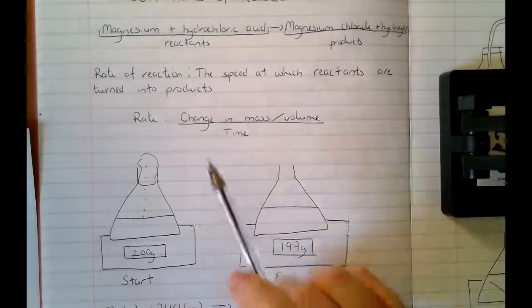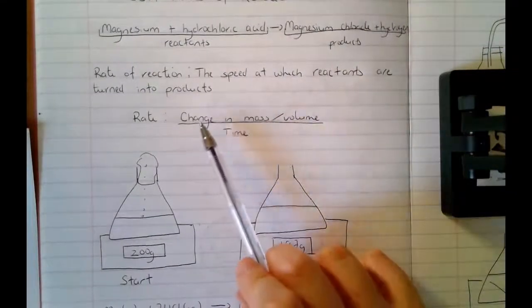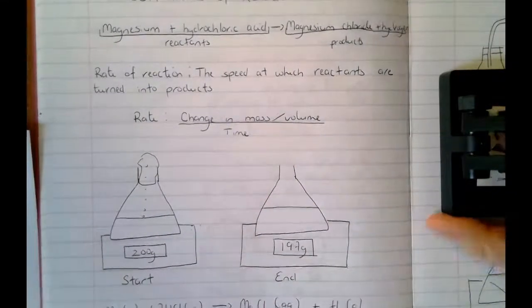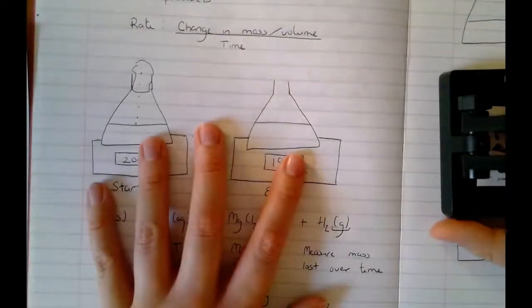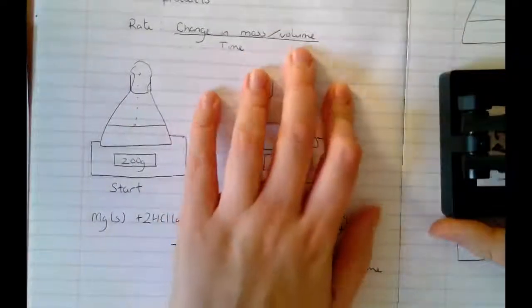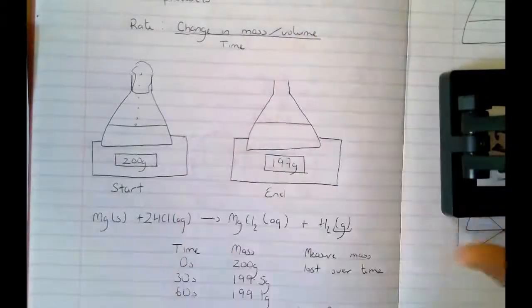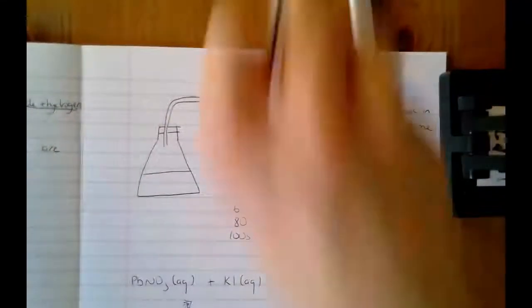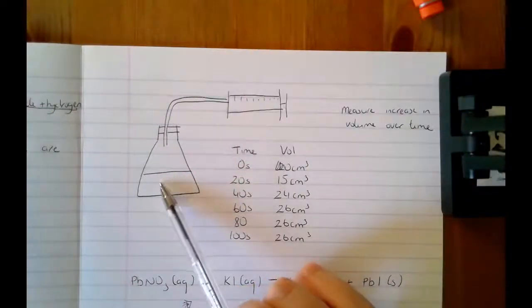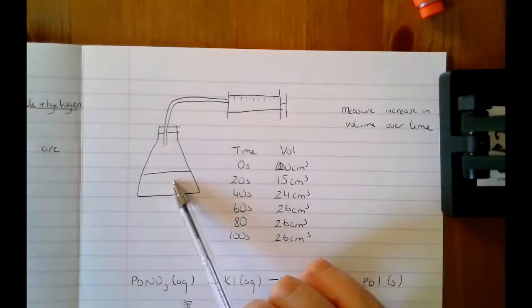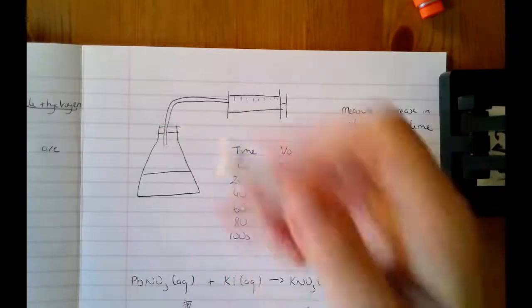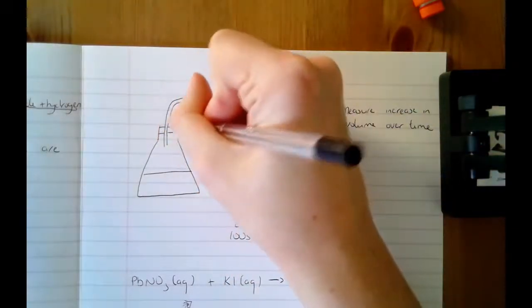We also said, as well as recording a change in mass, you could record a change in volume. So rather than just letting all of this gas escape, how about I collect the gas and record the volume. To do this, I would need the following apparatus. Again, I've got my conical flask, which is where my reaction is going to take place. But instead of having an open conical flask, I have a closed system.